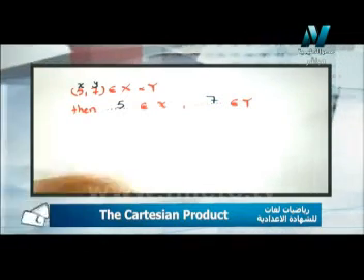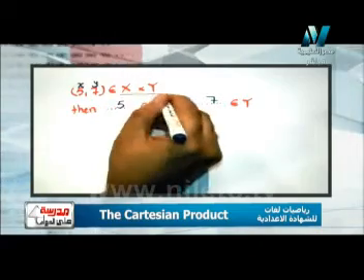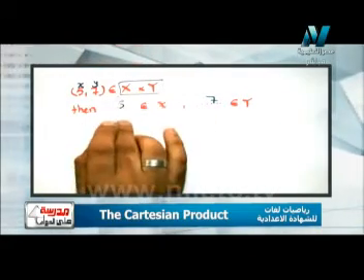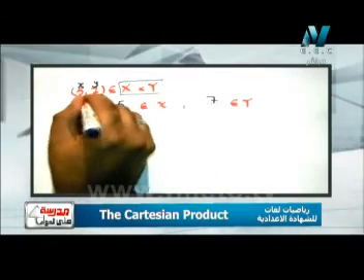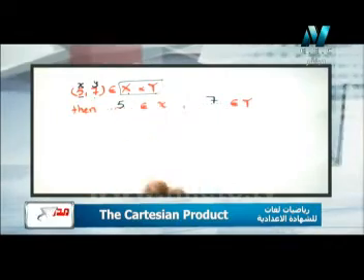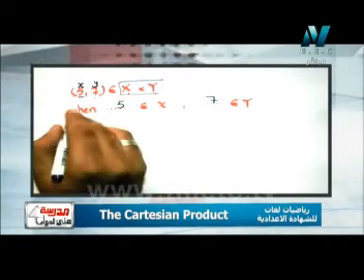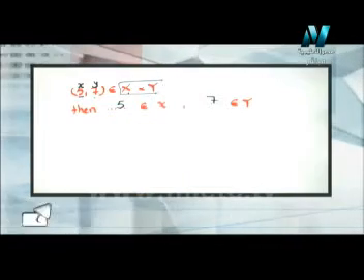Here, 5 and 7 belongs to the Cartesian product x product y. That means the first number belongs to the first set and the second number belongs to the second set. Very simple. So 5 belongs to the first set, which is x, and 7 belongs to the second set, which is y.